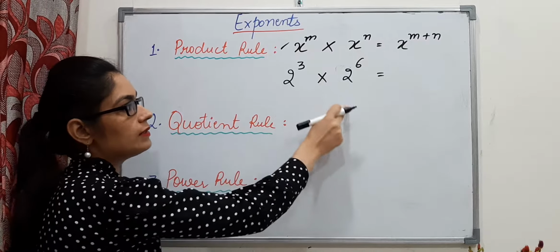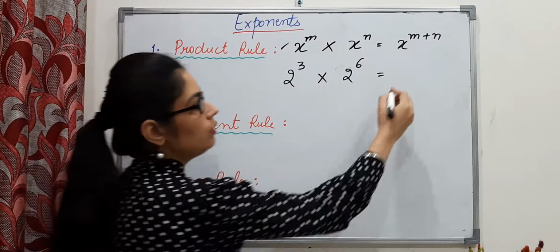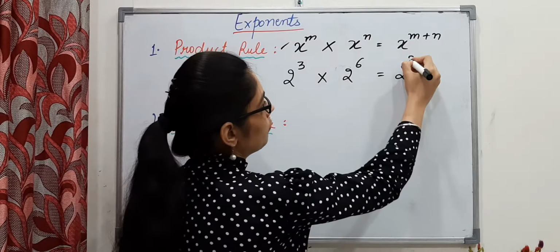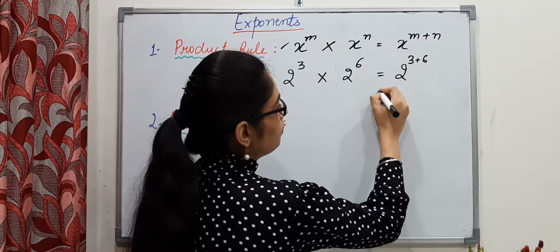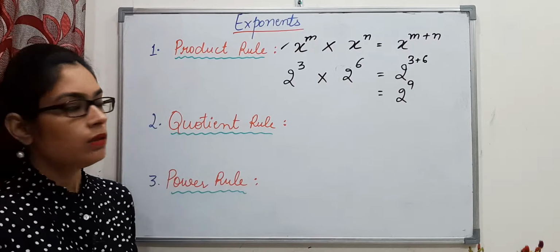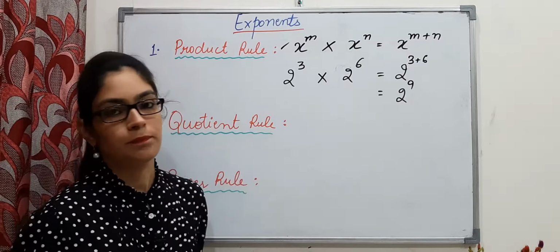So according to the product rule, we write that base one time and add the powers, 3 plus 6. So it will become 2 to the power 3 plus 6, which is 9.